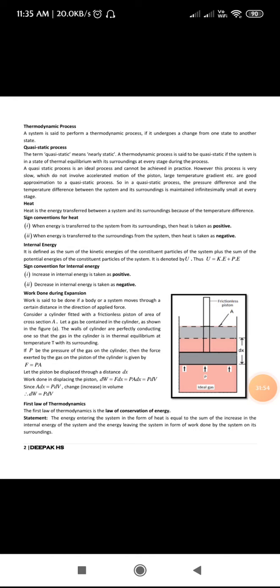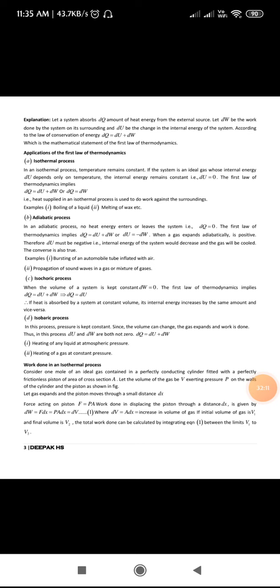The significance of the zeroth law of thermodynamics is asked for 1 mark. Quasi-static process can be asked for 1 mark. The first law of thermodynamics statement can be asked for 1 mark. If they ask for 2 marks, it will be the statement plus the mathematical equation.